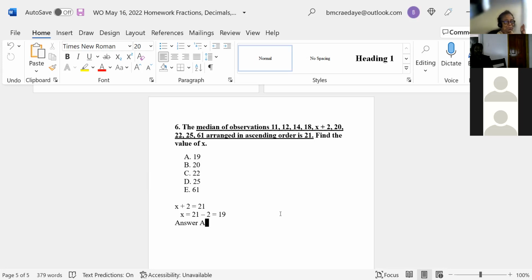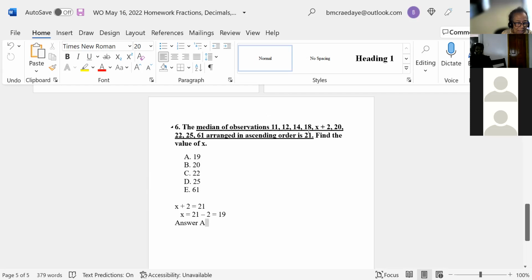Questions? Questions on number 6? Maureen, you couldn't believe it was that simple, huh? But what this problem is doing is seeing if you really understand the median. For an odd set of numbers, the median is in the middle. So you have 4 items, the middle, and 4 items.